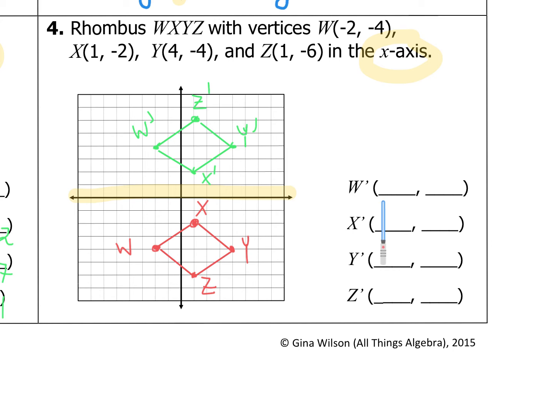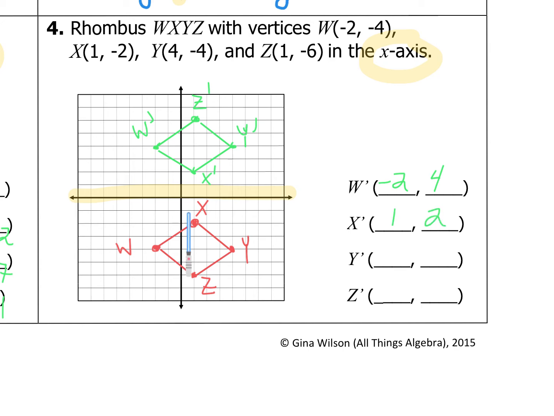The final thing you have to do is identify your ordered pairs. So for W prime, we're going left 2, up 4. So that's (-2, 4). And for X prime, from the origin, we're going right 1, up 2. So (1, 2).